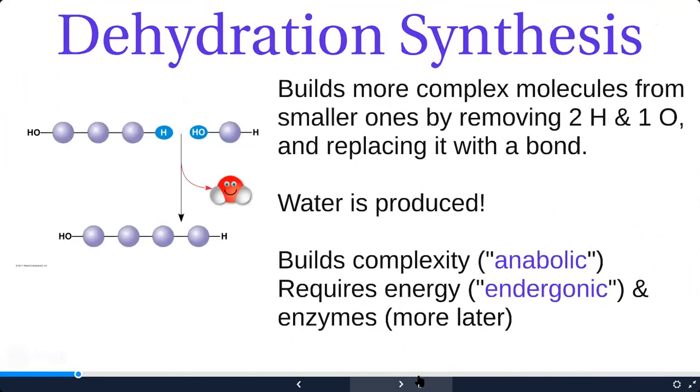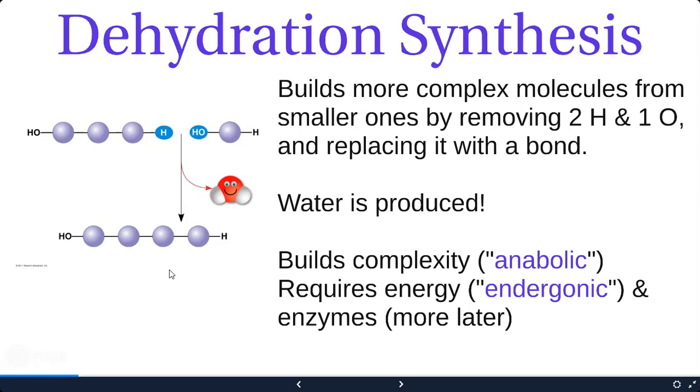First, when you take 2 or more monomers and covalently bond them together to make a polymer, you actually get a water molecule out of that process. You have 2 monomers that are added together, and it yields 1 water molecule and 1 polymer molecule. This is called dehydration synthesis, and it's also sometimes called a condensation reaction.